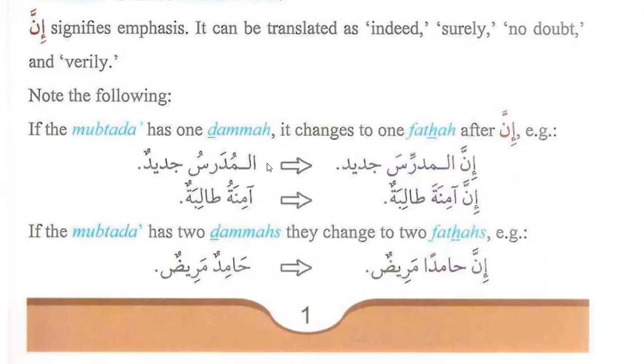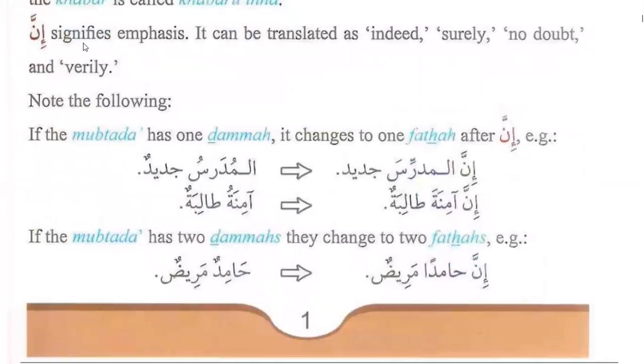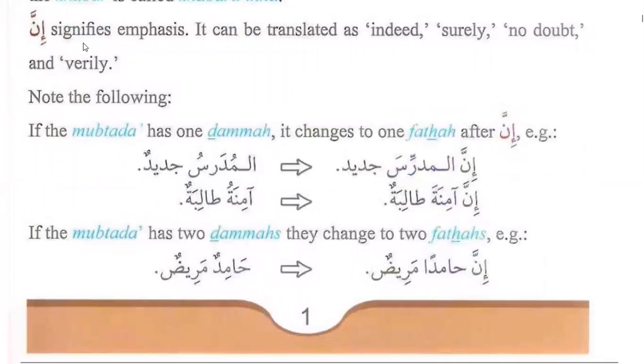Inna signifies emphasis. It can be translated as indeed, surely, no doubt, and verily. Note the following. If the mubtada has one dhammah, it changes to one fathah after inna.